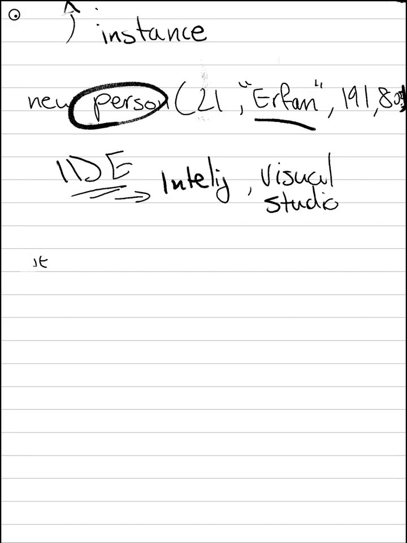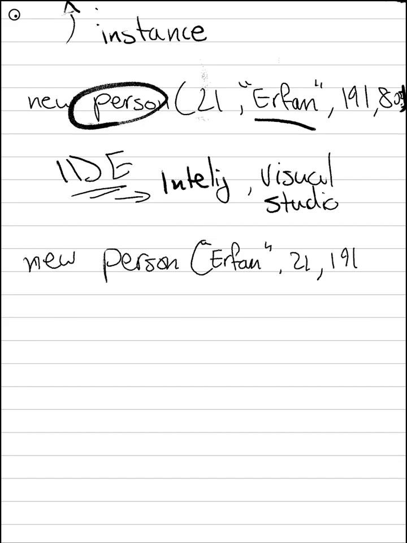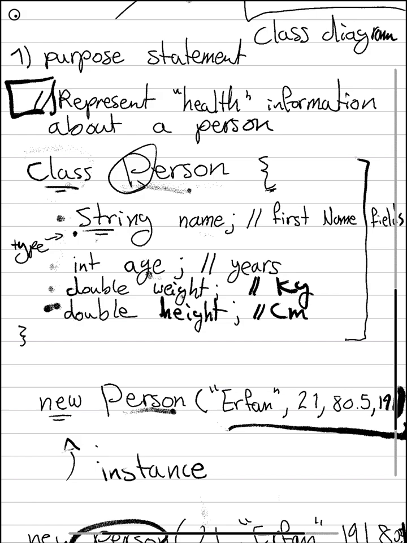But if you make a different mistake and you write new person, Irfan, age is 21, instead of weight, if you write 191 and then 80.5, let's just take a quick look with our person class.